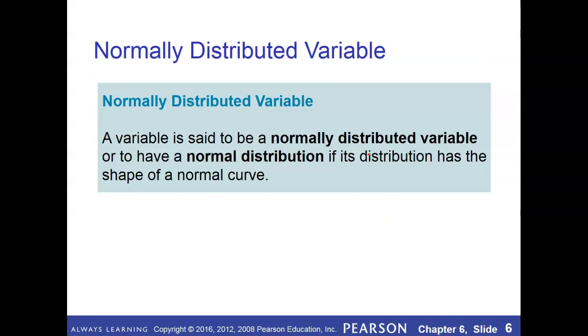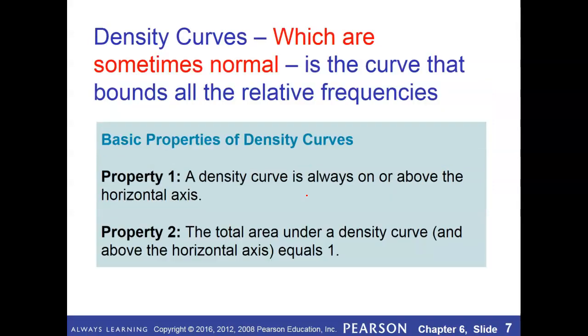Let's go ahead and talk about a normally distributed variable. It's normally distributed if it has a normal distribution. So in other words, if it has a bell curve, it would be normally distributed. So not all variables are normally distributed. All of the distributions, though, can be described with what is called a density curve.